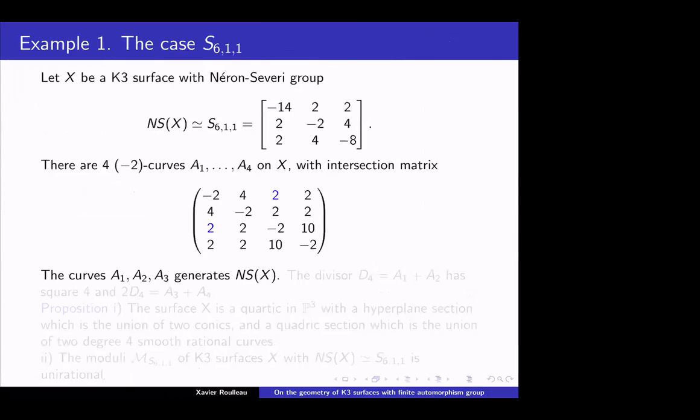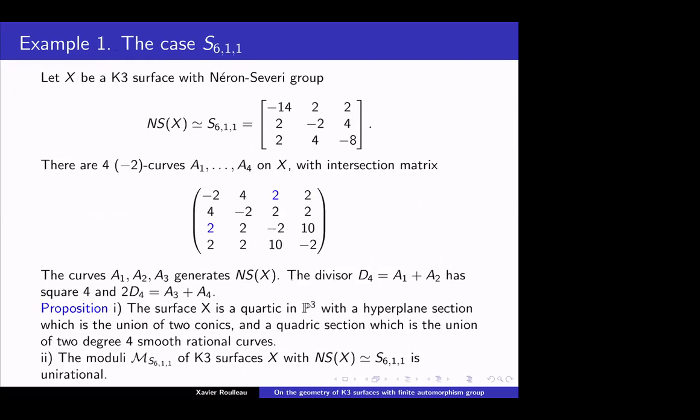So let me start with the first example, the case S611. Using the Weinberg algorithm, you compute that there are 4 -2 curves on that surface with that intersection matrix. The 2 in blue is there because we will need it for further explanation on the next slide.